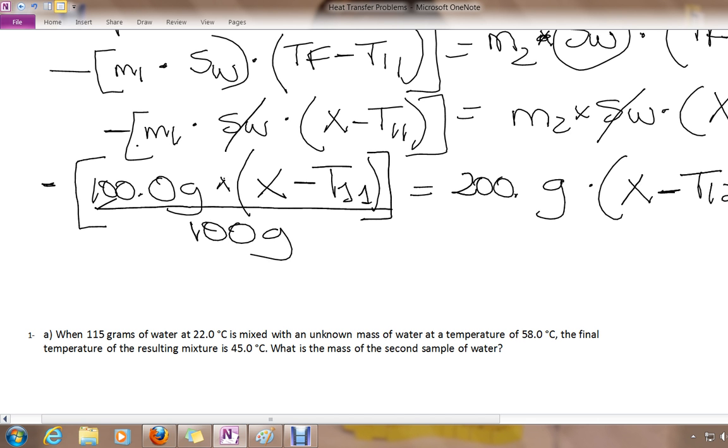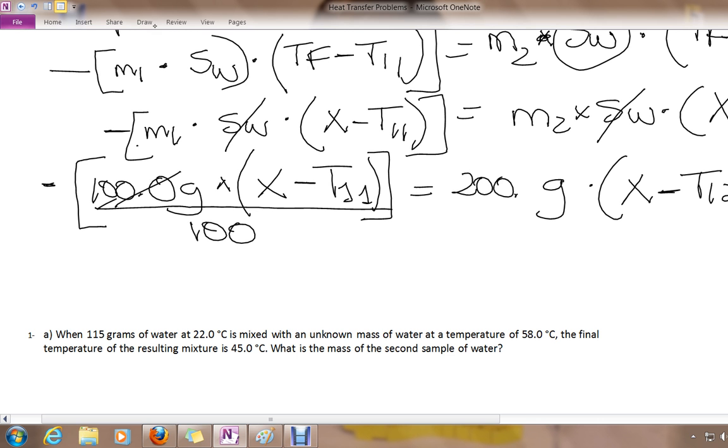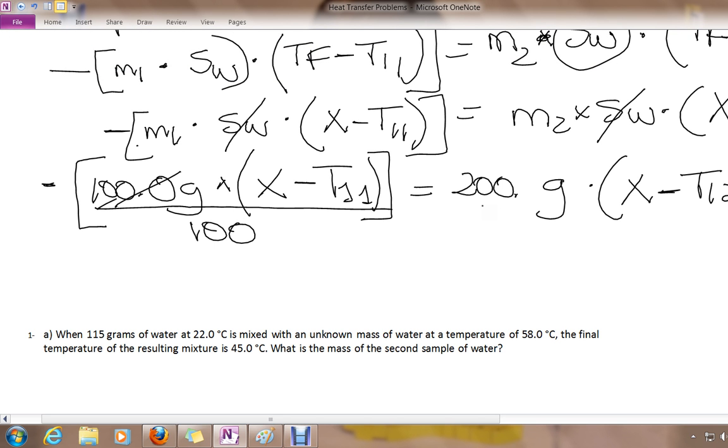As this is multiplication, you can cancel them out. And by the way, it's not 100 grams, it's 100, so I cannot divide the units. So 100 divided by 100 cancels out, and here you divide 200 by 100 too.